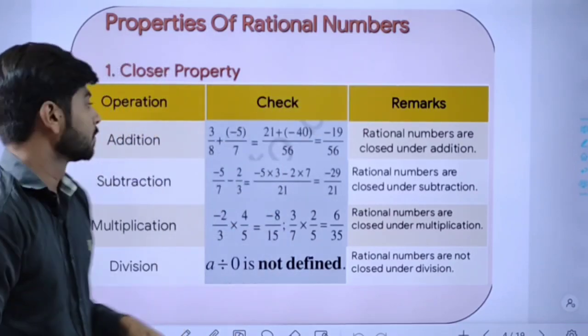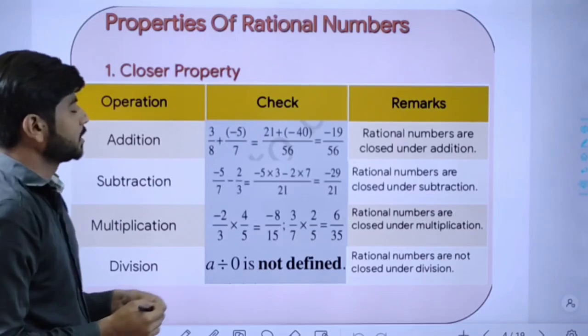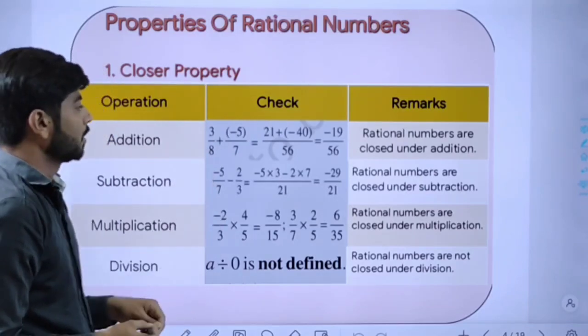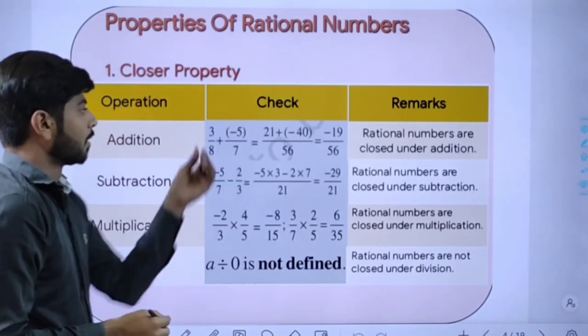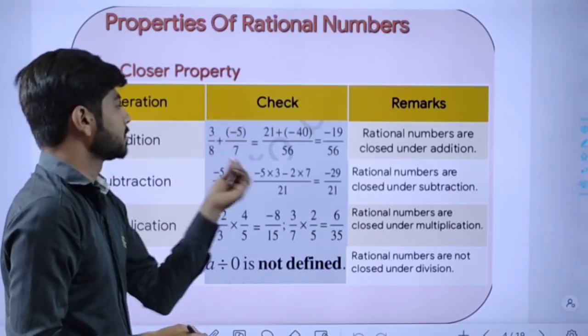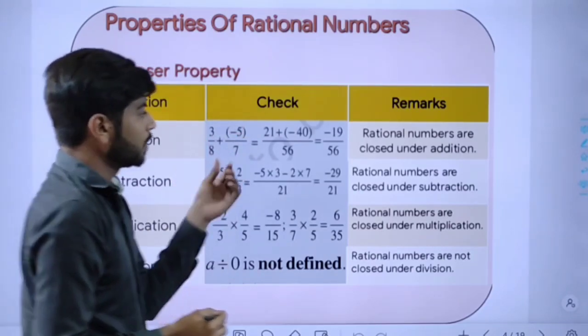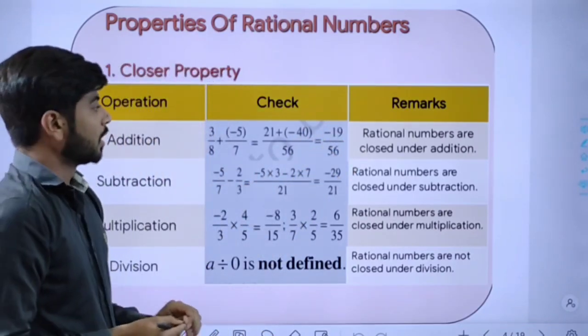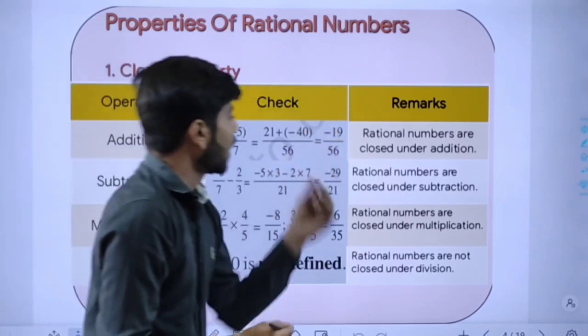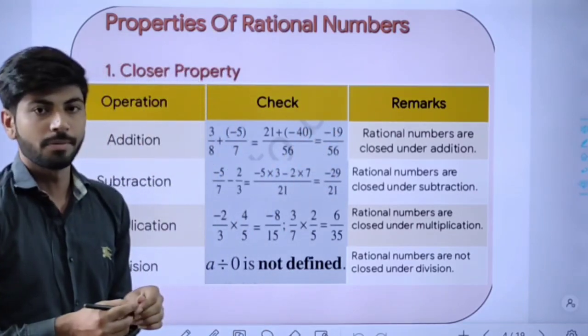First of all, I have taken one example and then we will check the remarks. For addition of rational numbers, if we add 3 upon 8 plus minus 5 upon 7, we will get minus 19 upon 56. Now can you say the answer is also a rational number?